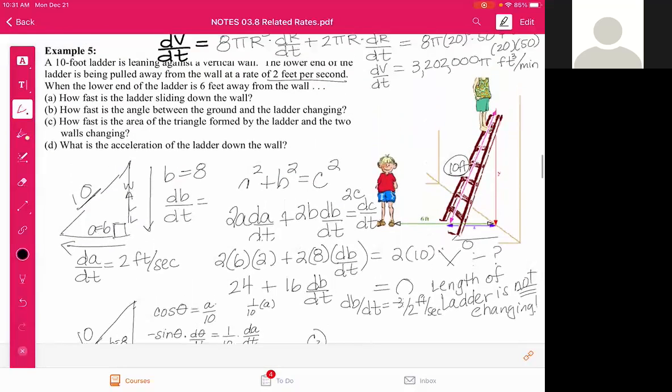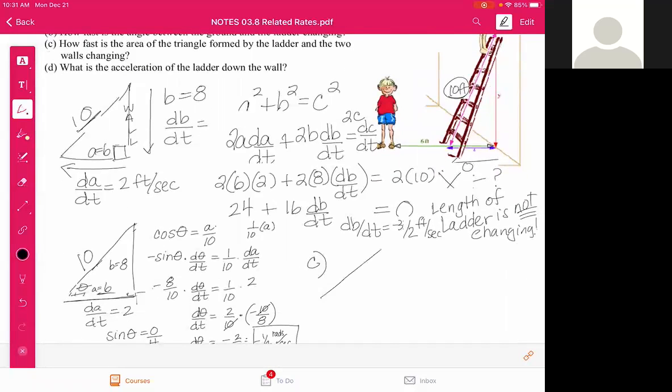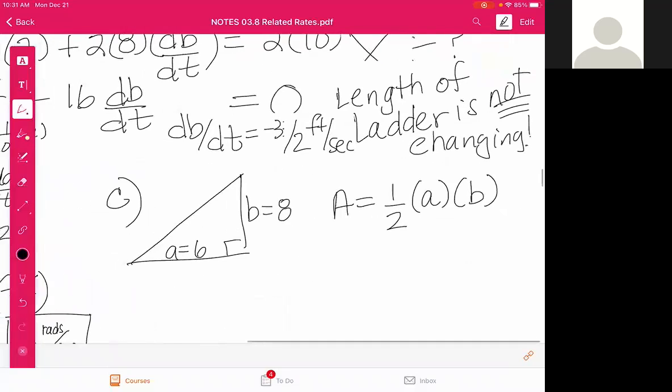Is this letter C? Yes. So if you have this triangle again, and this is 6, this is 8, your area is 1/2 base times height, which in this case, the base is A and the height is B.